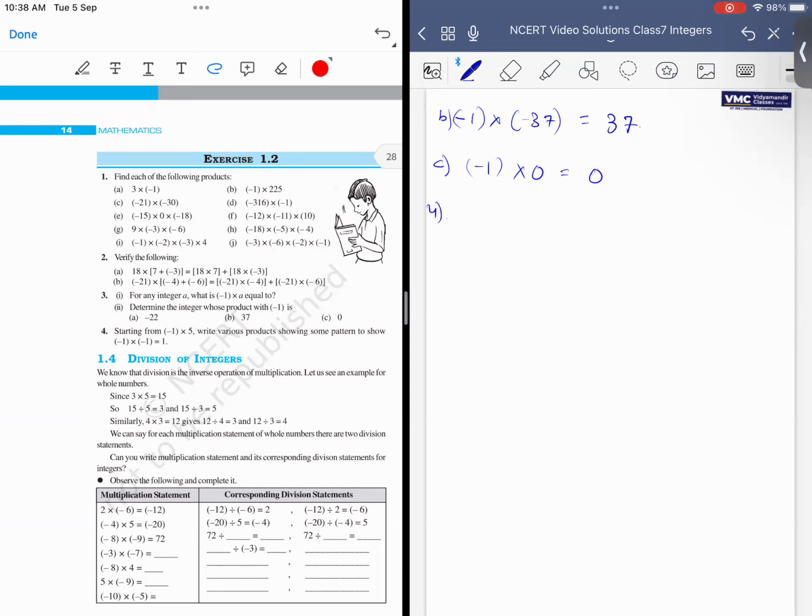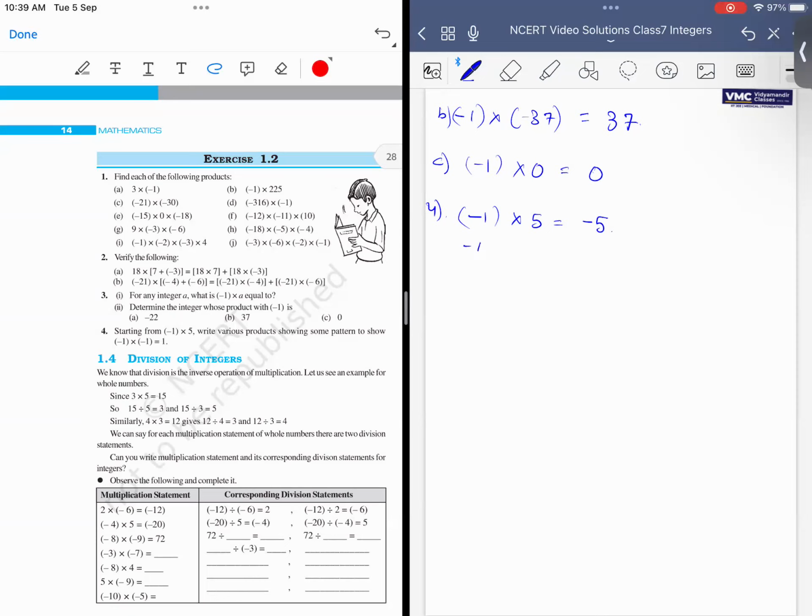Question 4, starting from minus 1 into 5, write various products showing some pattern to show that minus 1 into minus 1 is 1. See here, minus 1 into 5 is how much? Minus 5. Likewise, minus 1 into minus 5, if we take, is what? 5.